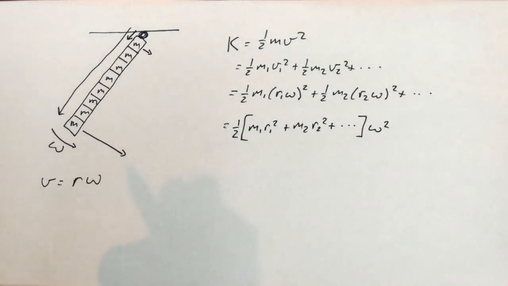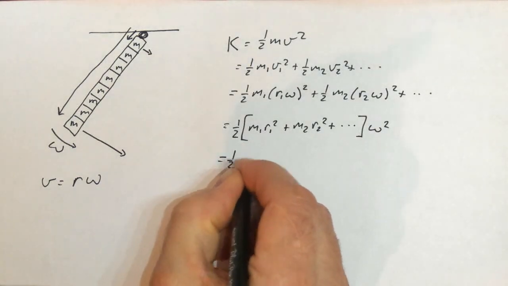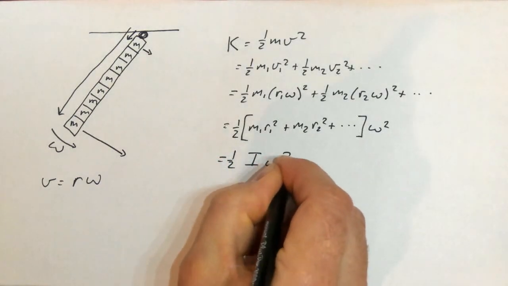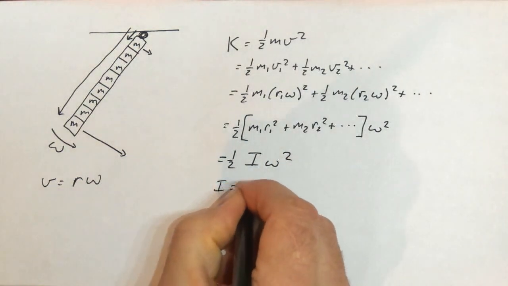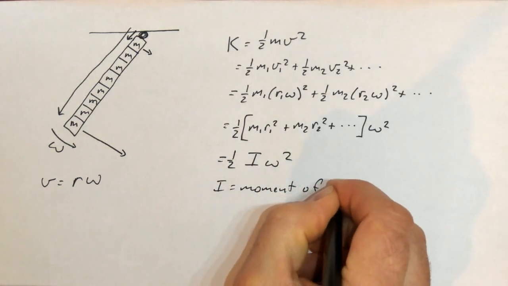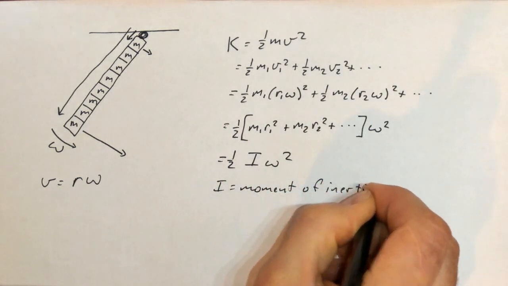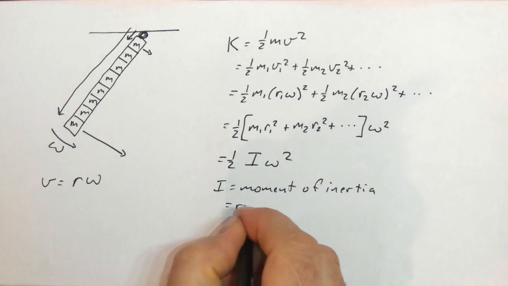And we call that the moment of inertia and give it a variable, big I. Okay? So I is called moment of inertia, which is a kind of difficult term to digest, but basically I like to call it rotational mass.